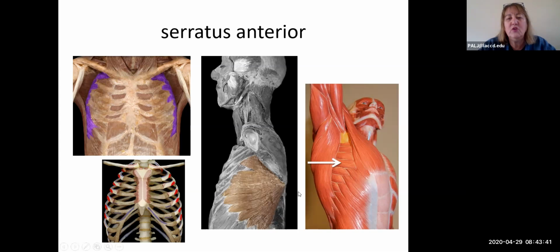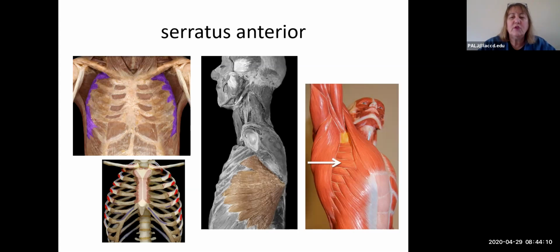And when you look at the side of the body, what you can see is it has this zigzag appearance from its origins. Another word for zigzag is serrated, like the serrated knife you use for cutting bread. And because this is anterior, this is called the serratus anterior. Now, there is a serratus posterior, but we're not going to learn about that in this course.